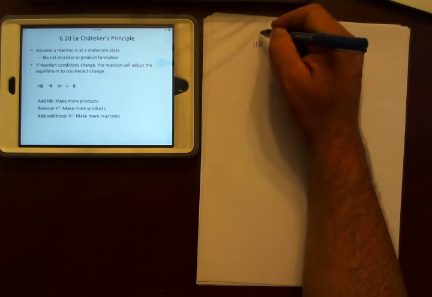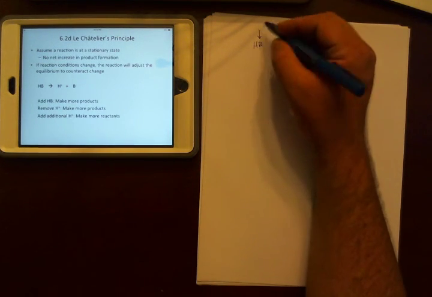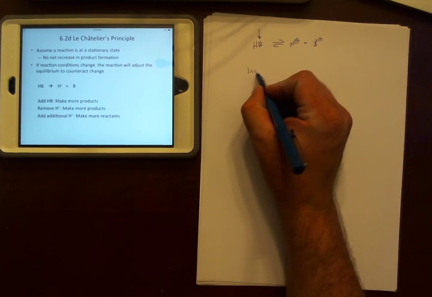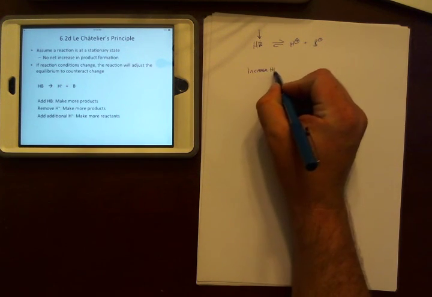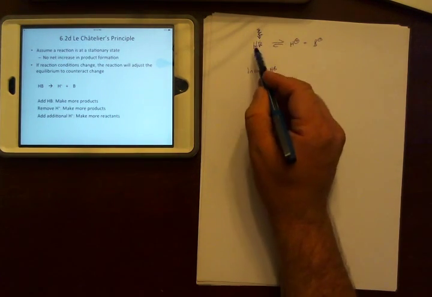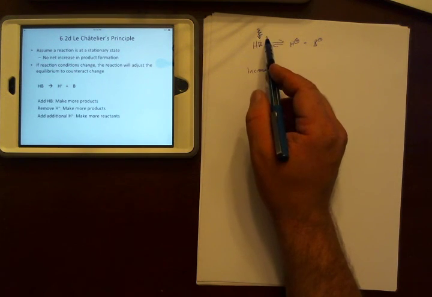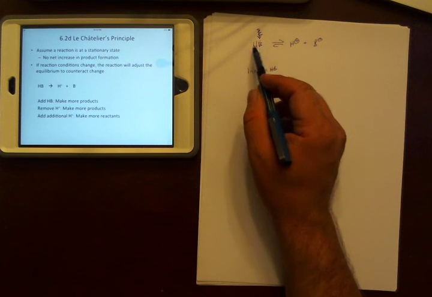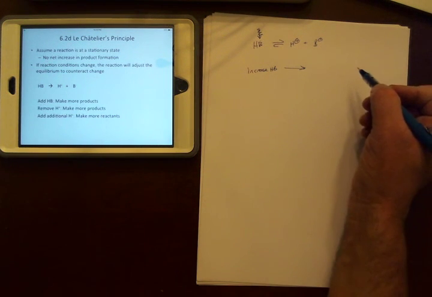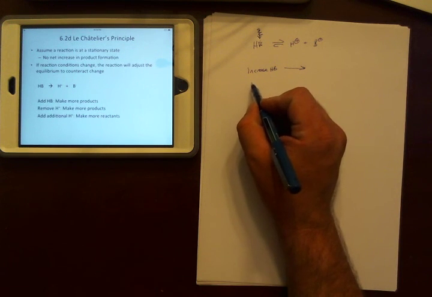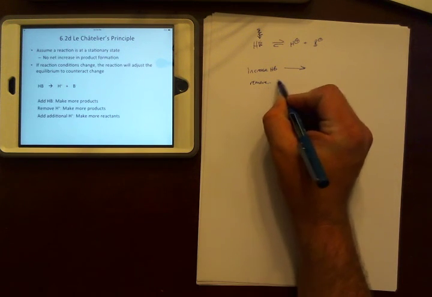So if I add product, if I add HB here, so increase HB, we're putting a whole bunch of this in, the equilibrium is going to respond by pushing the reaction that way, towards products. The same thing happens if we remove H plus.